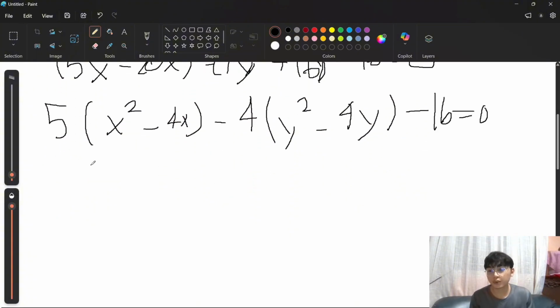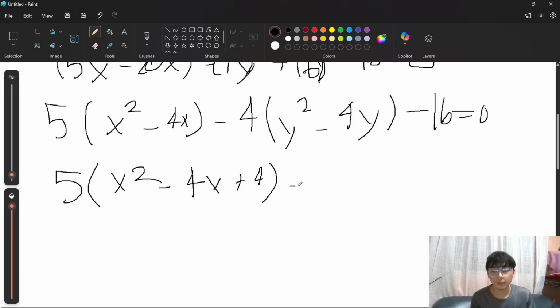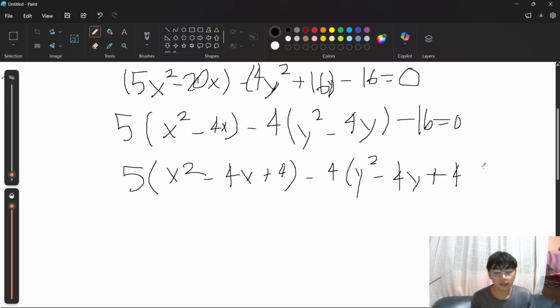Now we need to complete the square here. So we have x squared minus 4x, negative 4 divided by 2 is going to be negative 2, and then square it, that should be plus 4. Minus 4, y squared minus 4y, again negative 4 divided by 2 is going to be negative 2, square that, so that should be positive 4, minus 16.